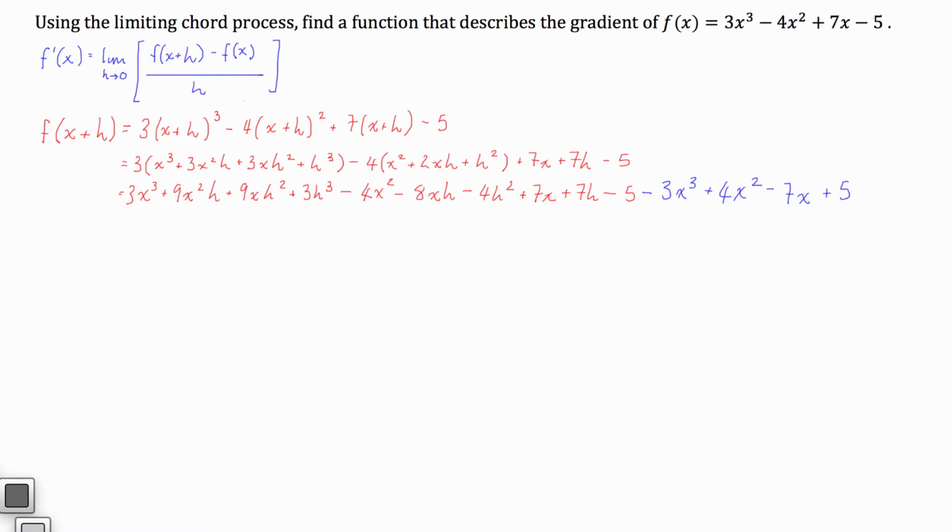Now, what you're going to hopefully notice is we have some like terms in the front and in the back. We have 3x cubed here and negative 3x cubed here, so they cancel out. We have negative 4x squared here and positive 4x squared here, so they cancel out. We have plus 7x here and minus 7x here, so they cancel out. We have minus 5 here and plus 5 here, so they cancel out.